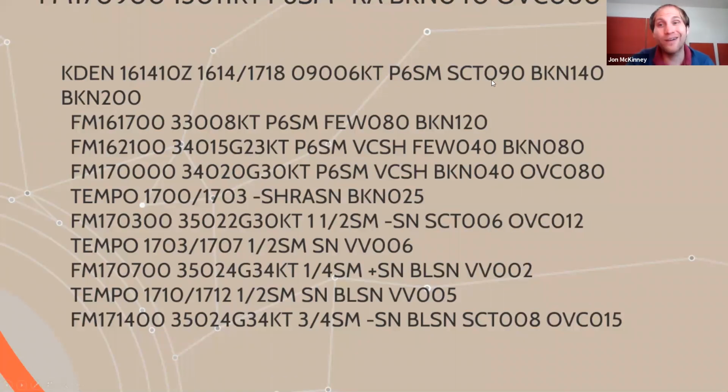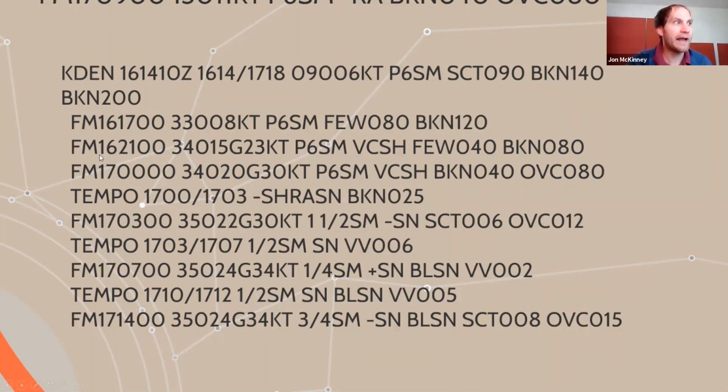Remember, scattered is not a ceiling. Now we're about to see the forecast between the 16th day at 17 Zulu until the 16th day at 21 Zulu. So that's a 4-hour window. During that 4-hour window, the forecast is 330 true winds, 8 knots, greater than 6 miles visibility, few clouds 8,000 AGL, broken clouds 12,000 AGL.